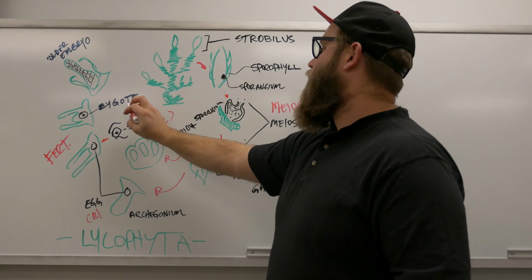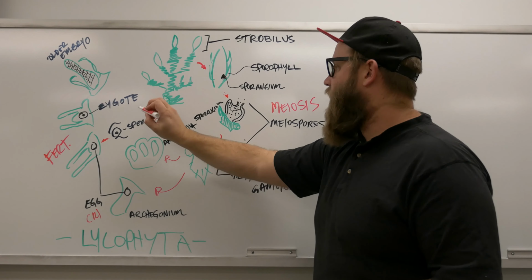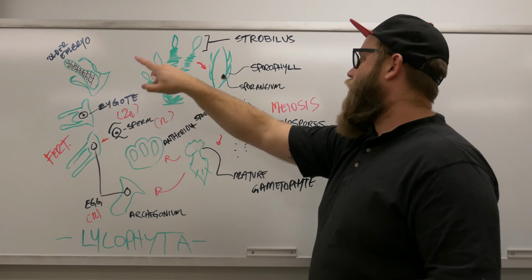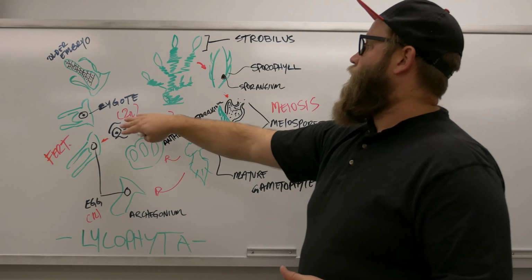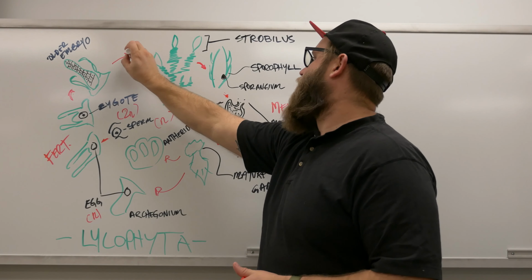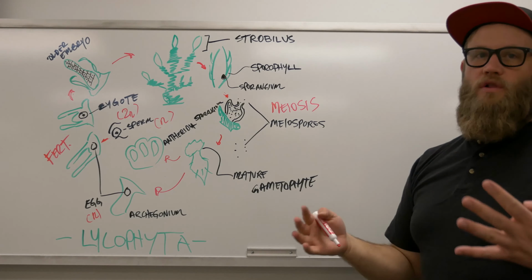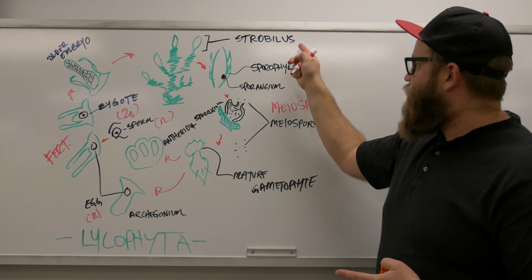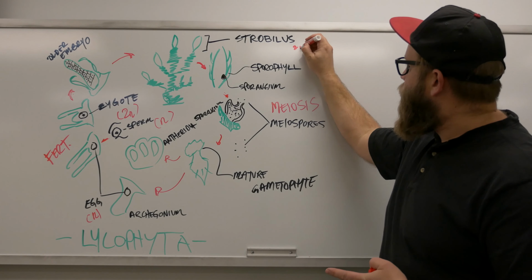Fertilization happens, and then we've got a zygote, and this zygote is 2N, and we are 2N until we go to this older embryo, and finally that grows into a full lycopodium, and then this structure is also 2N.